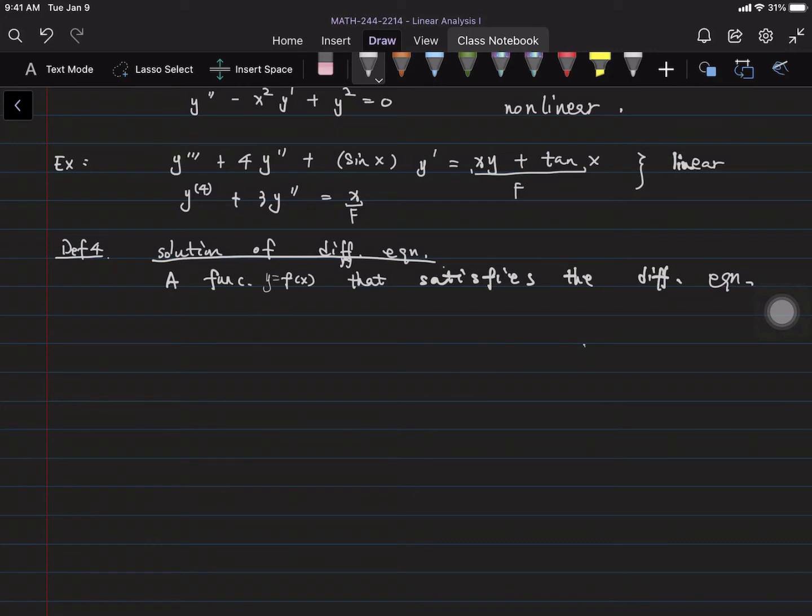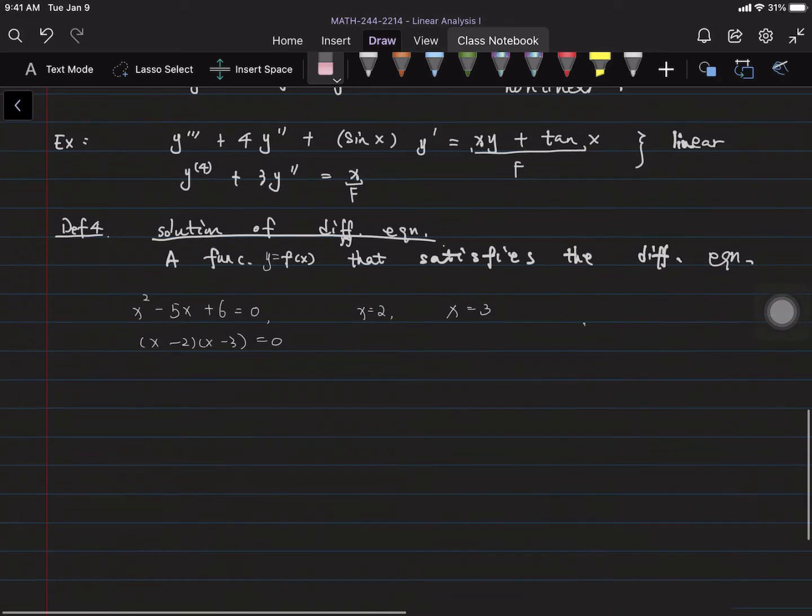It's the same as with a polynomial equation: if we know the solutions are x equals 2 and x equals 3, because when we solve it, it's (x minus 2)(x minus 3) equals 0, then when we plug 2 and 3 into the equation, they make the equation true, right? Same for the solution of a differential equation: if we plug the function into the differential equation, it makes the equation true.